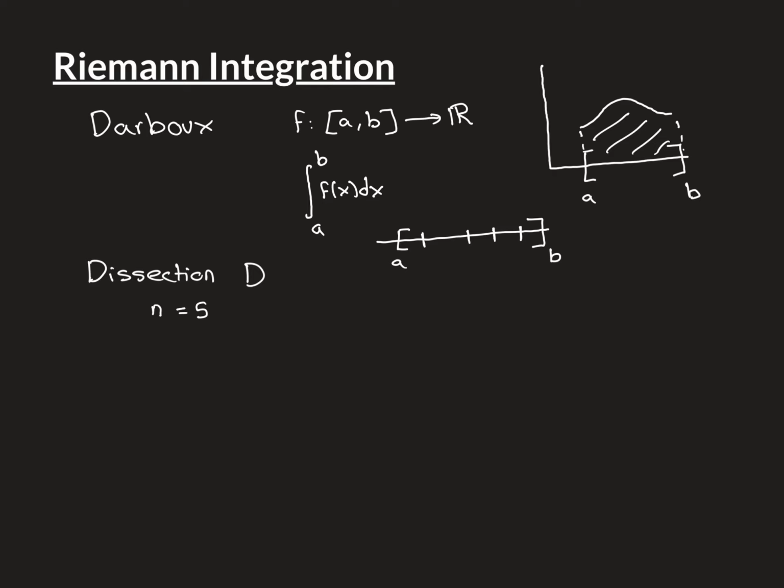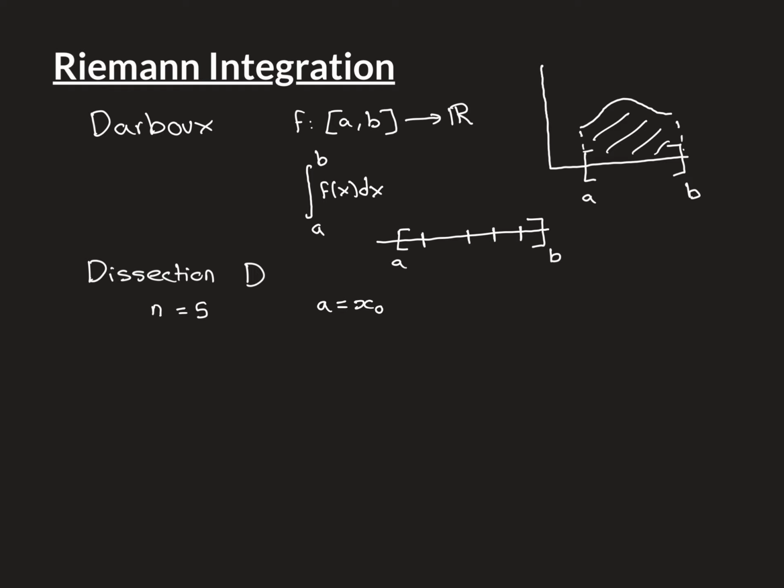So we often define the dissection just as this finite sequence of places where you're going to make the cuts. And just for simplicity, we also include the endpoints in this sequence. So we often call A, we'll rename that x0. That's going to be the 0th term in our finite sequence.